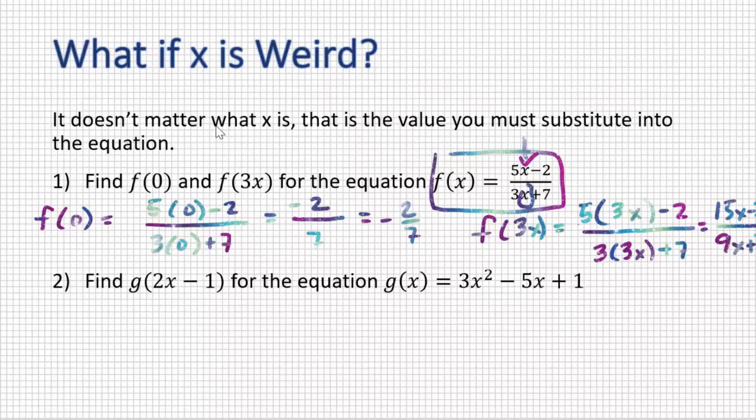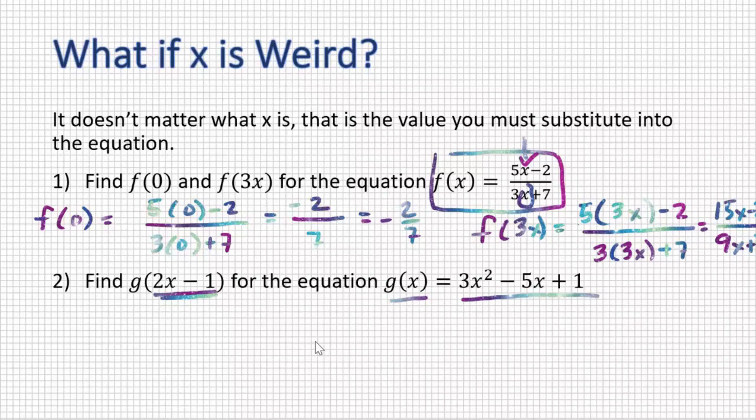Depending on the question, we may or may not be asked to expand. For example, for the second question, I'm not going to ask you to expand the outcome. This one's got even more going on in what we're being asked to substitute in the original equation. And this is an example where we've used the letter g to name the function. So we're told that g of x is equal to 3x squared minus 5x plus 1.